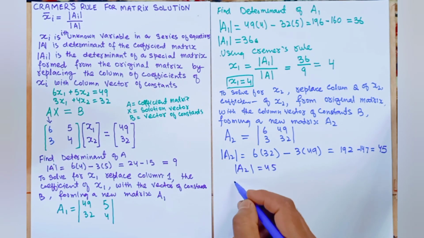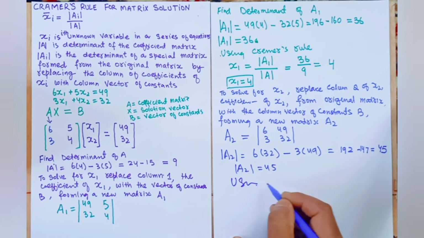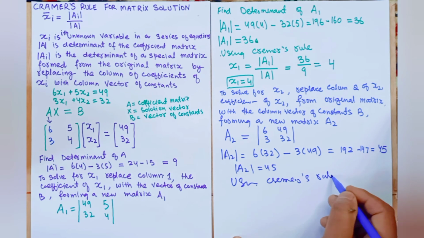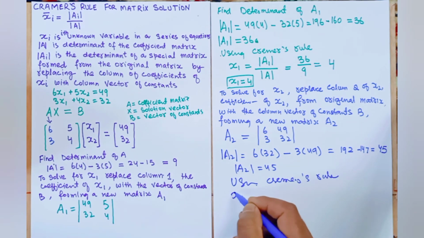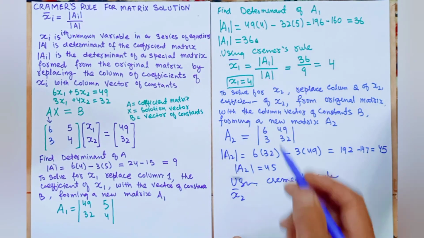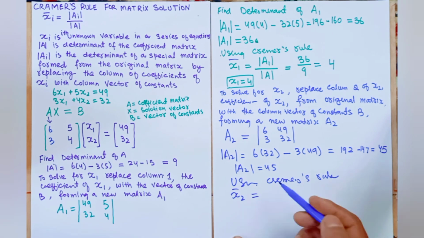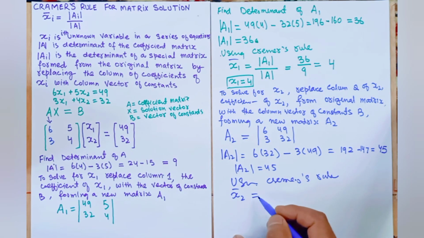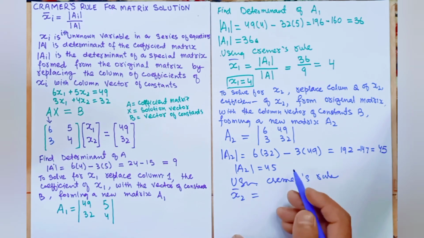Therefore, again using Cramer's rule, that says x2 will be equal to, so I will make it unique from these x1s here. It is not necessary, we can use only x2, not the bar on top of this.